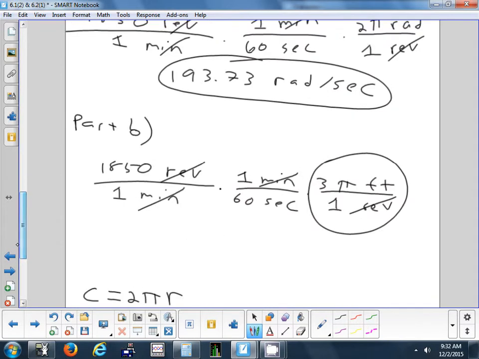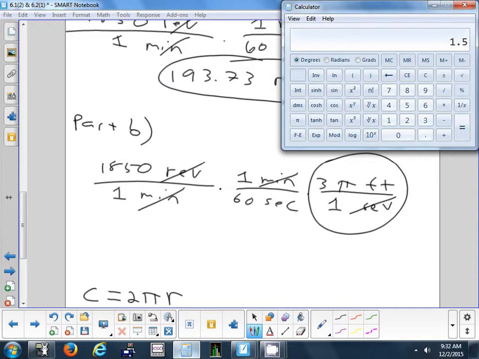All right, so let's see what we get. We got 1850 times 3 times pi, and divide by 60. Okay, so this tire is traveling at 290.6 feet per second.